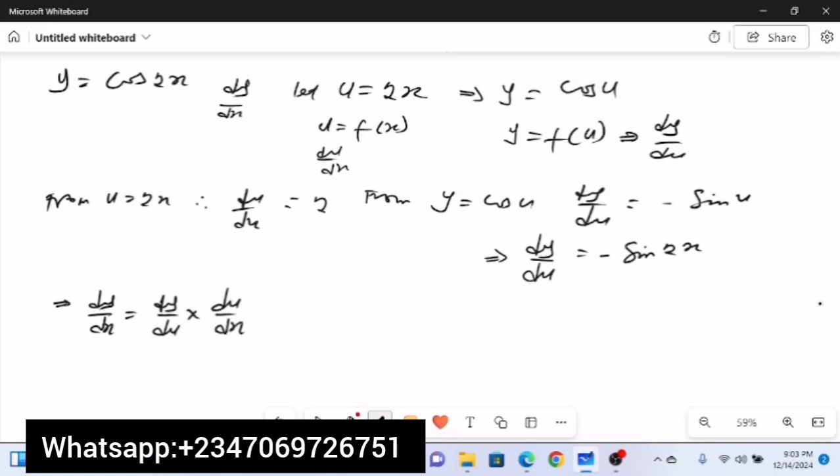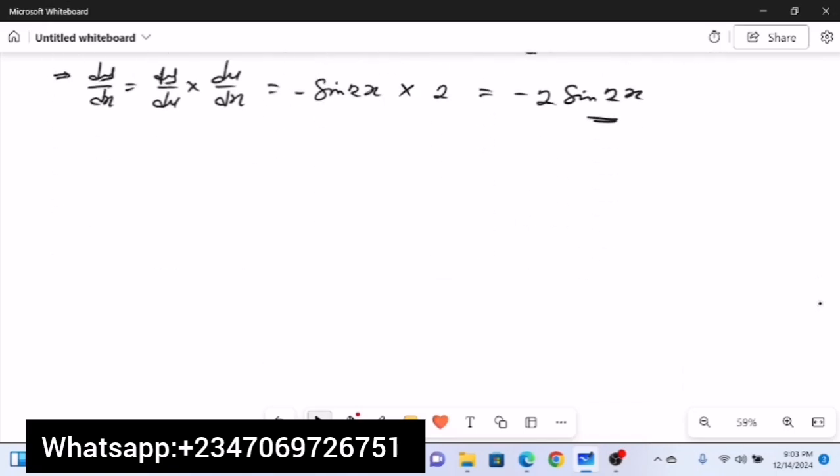So this is going to be equal to dy du, which gave us minus sine 2x, times du dx, that simply gave us 2. So this means that dy dx becomes minus 2 sine 2x.